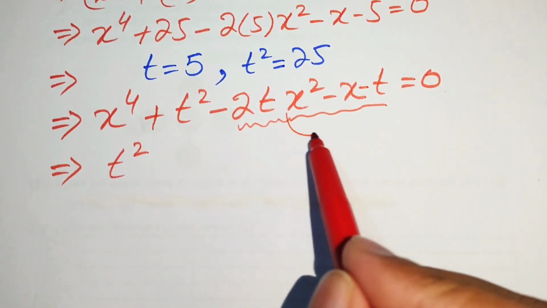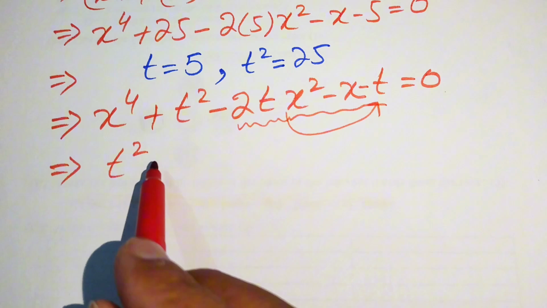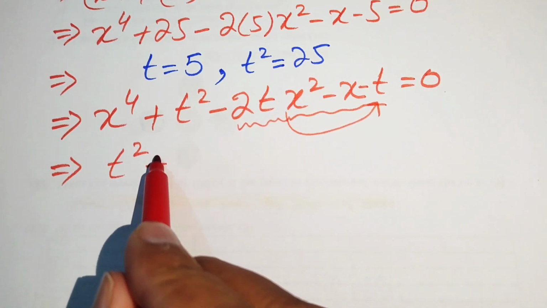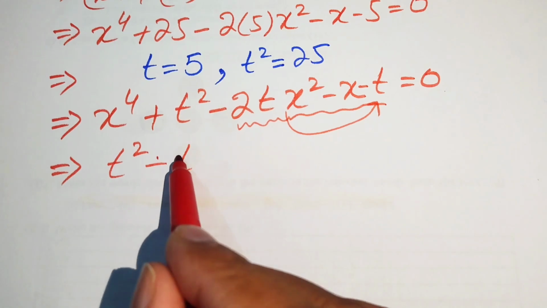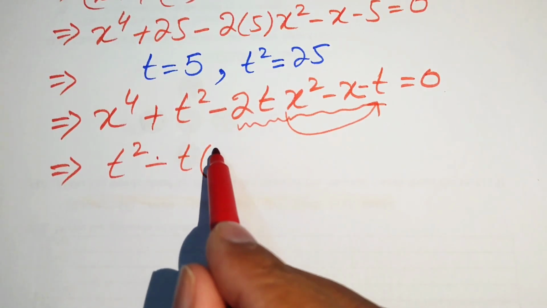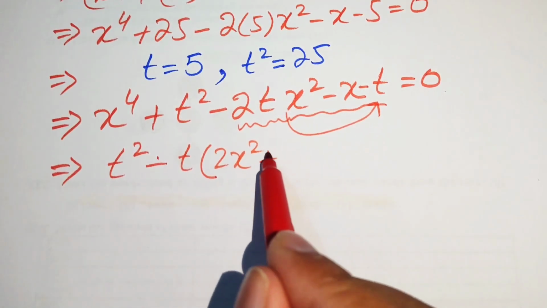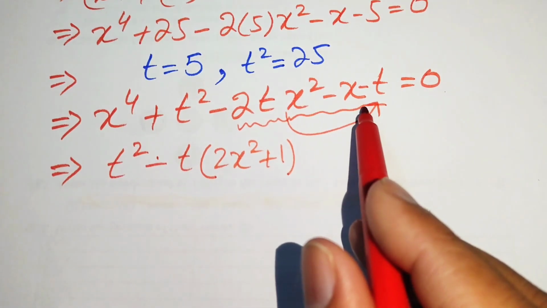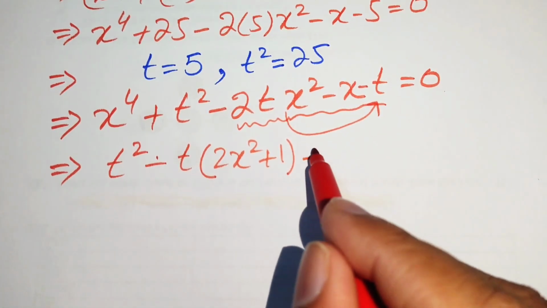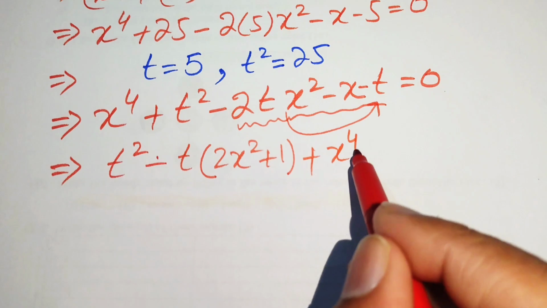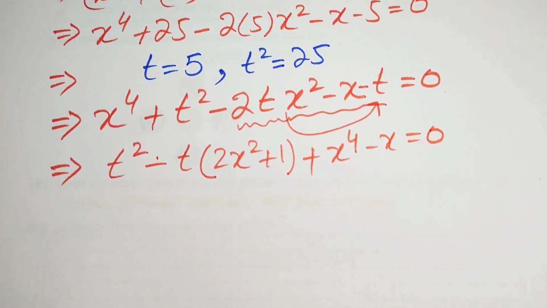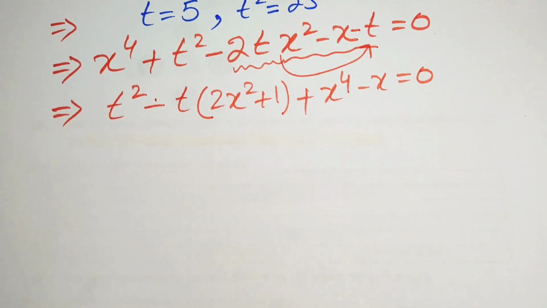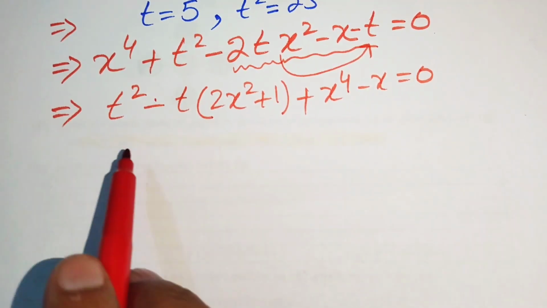Now we take common t from these two terms, so we take common minus t and we get 2x square plus 1, and the remaining terms are plus x to the power 4 minus x, and the whole equation equals 0. After this step, the equation becomes quadratic in t.